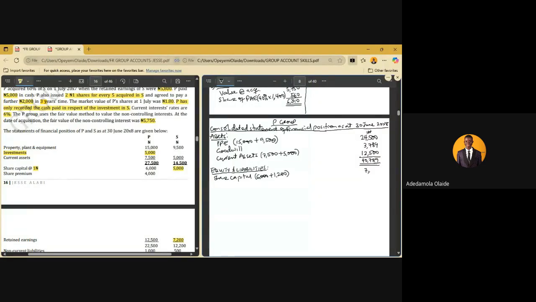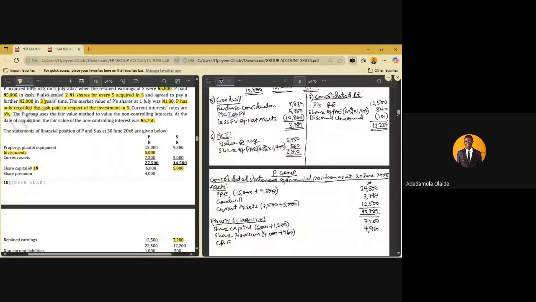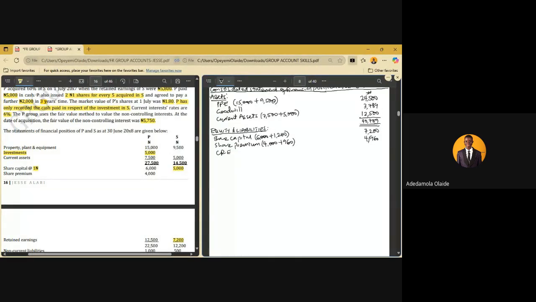That will be 7,200. Then share premium, 4,000 plus 960, the one we issued, 4,960. Then consolidated retained earnings, instead of 12,500, we now have it to be 13,239. So what will be the shareholders' fund?